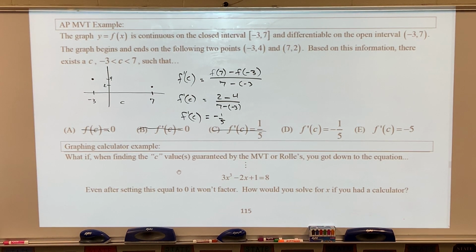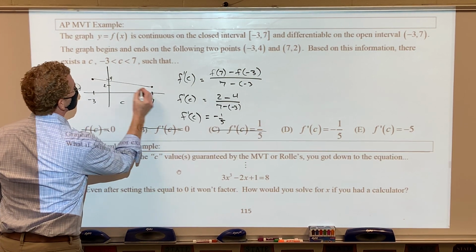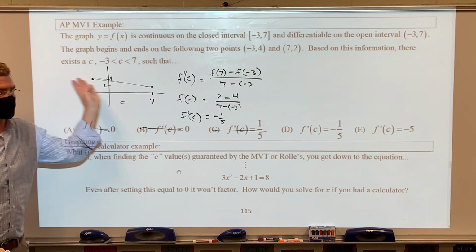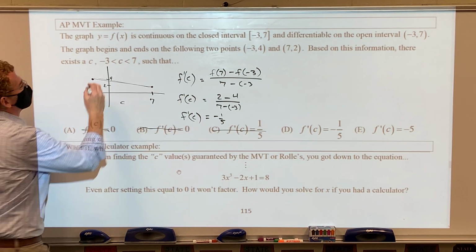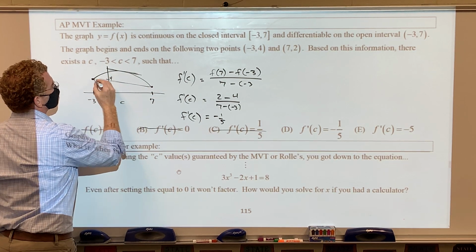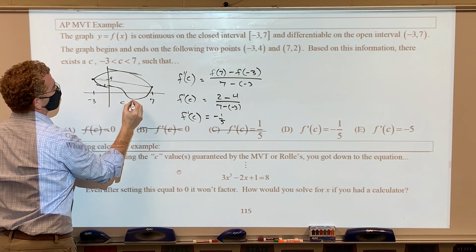How does that work in the graph? Because the graph is going to have to curve at some point. No, it could have been a line. If it's that, then negative 1, then actually there's an infinite number of c's. If it did this, then it hit there, there, and there.